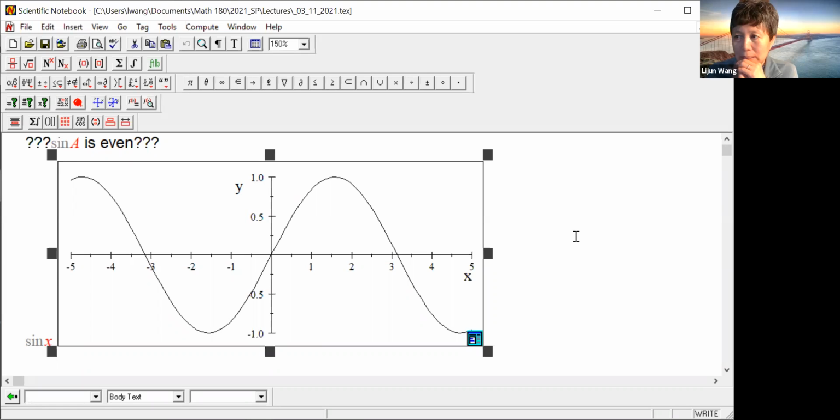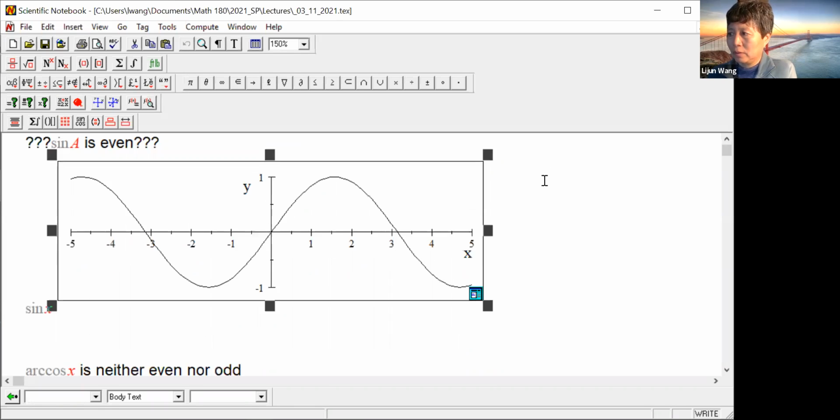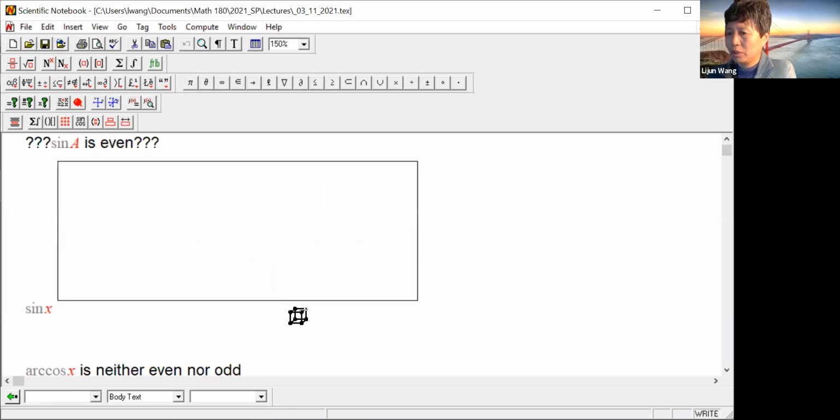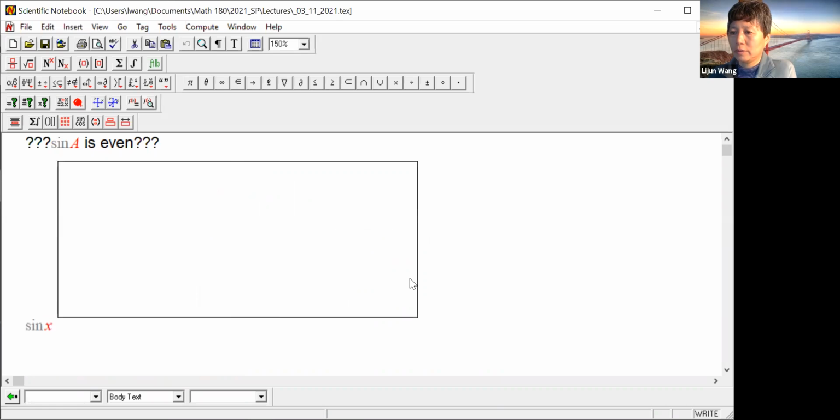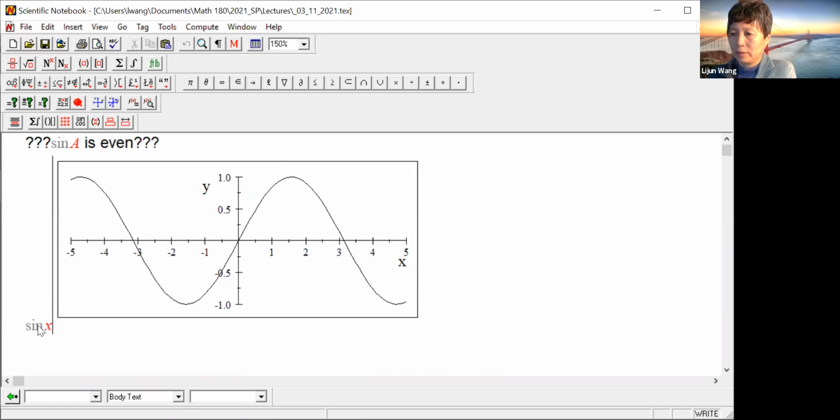Can you type it? And Kyle says sine is odd. So we're debating between even and odd. Which comment is correct? Sine is odd. Okay.